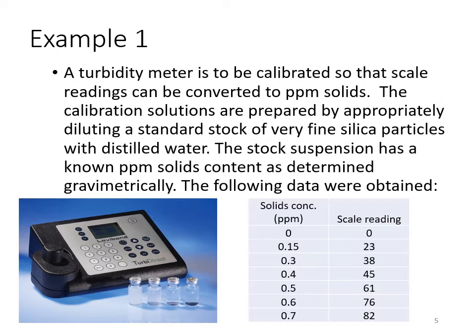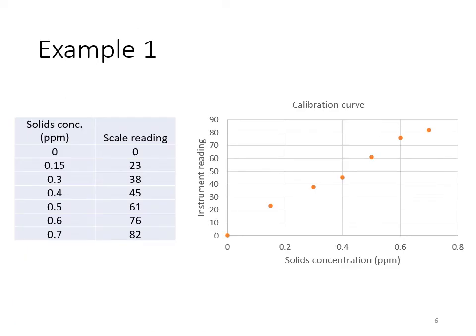In this case, these are standards for which we know the solids concentration in parts per million, and we have a scale reading that is related to each of those solids concentrations. So we have that data. We've generated the data for the calibration curve. We then can plot that data. So we're plotting this data as our instrument reading versus the solids concentration. Looks like we have a pretty nice straight line here.